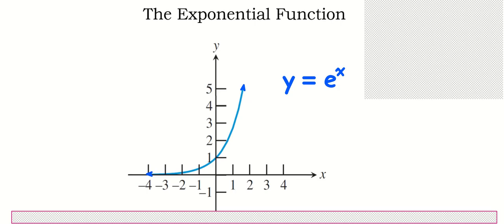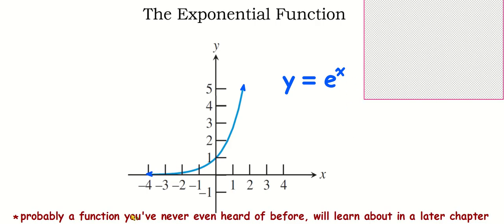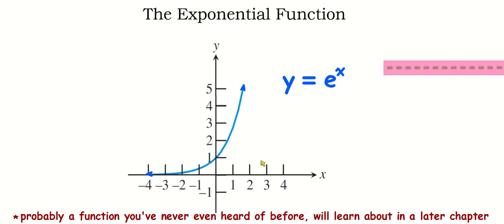We're going to learn way more about this officially in a later chapter, I think chapter 3. For right now, it's probably a function you've never even heard of before.